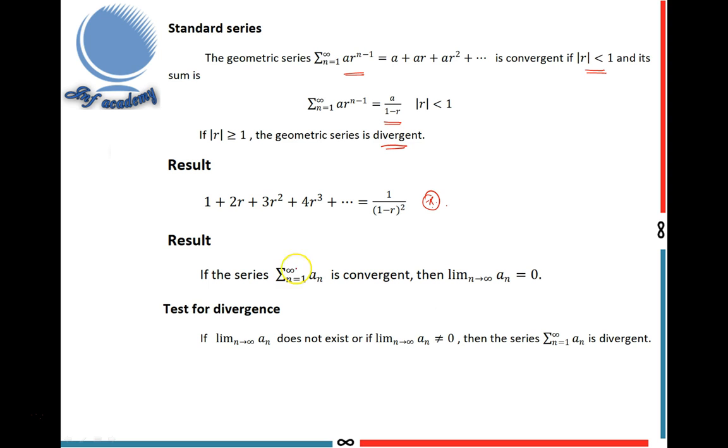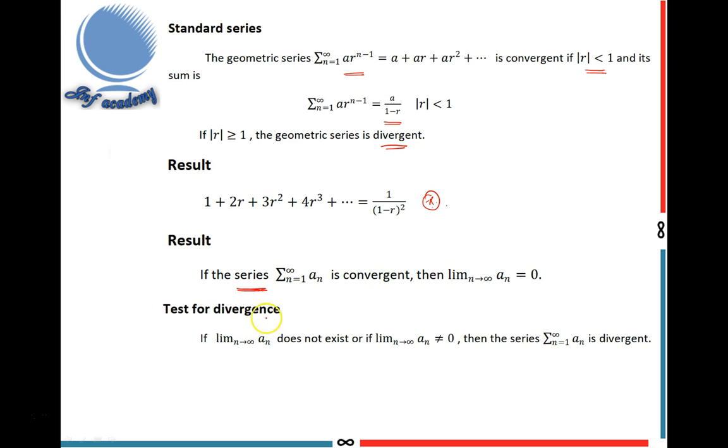Next result: if the series sigma n equal to 1 to infinity an is convergent, then limit n tends to infinity an equal to 0. Here you have to notice this: if the series is convergent, then the nth term, limit n tends to infinity an, equals 0.